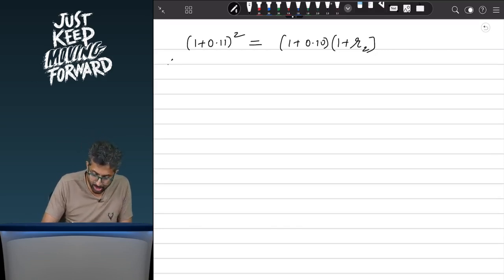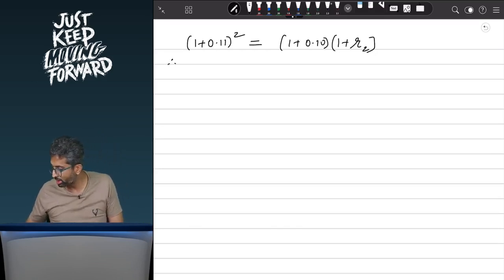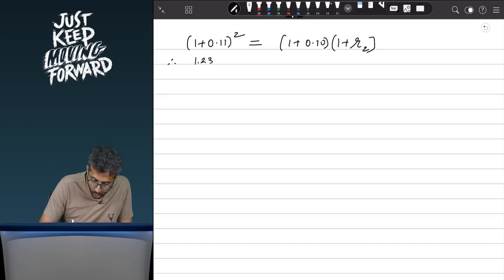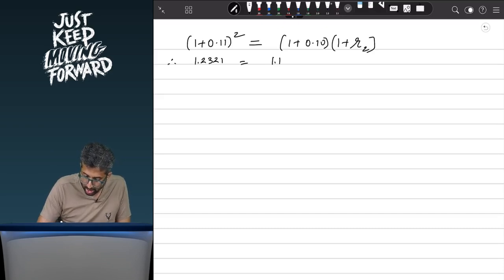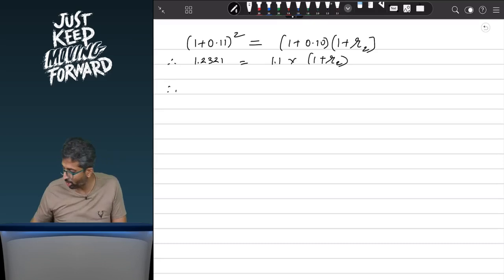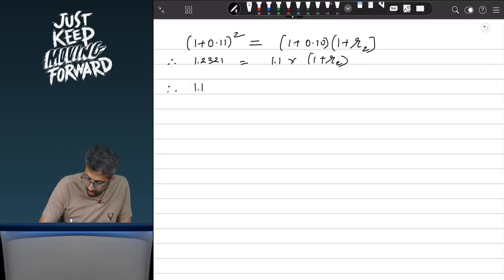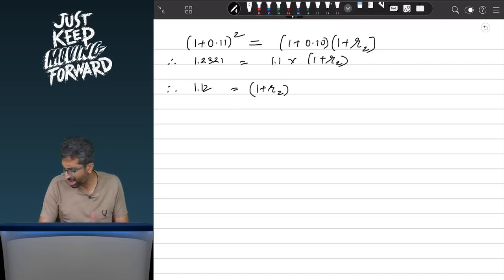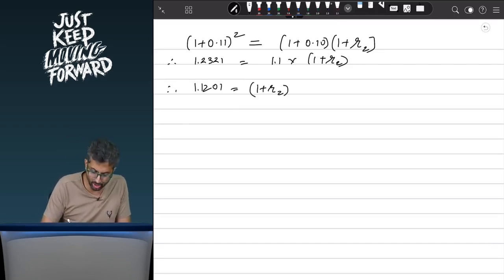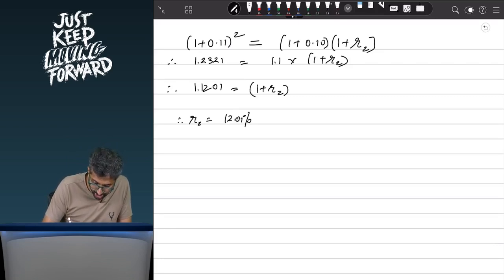Hence 1.11 squared, which is 1.2321, equals 1.1 into 1 plus R2. Therefore 1.2321 divided by 1.1 equals approximately 1.1201, which is equal to 1 plus R2. So R2 equals 12.01%.